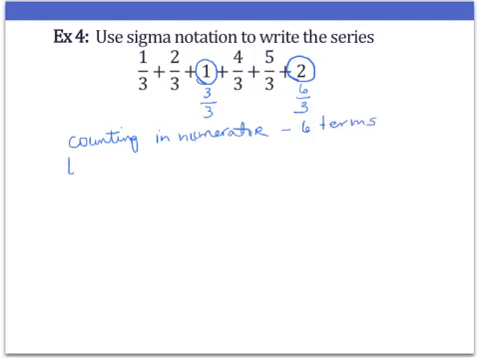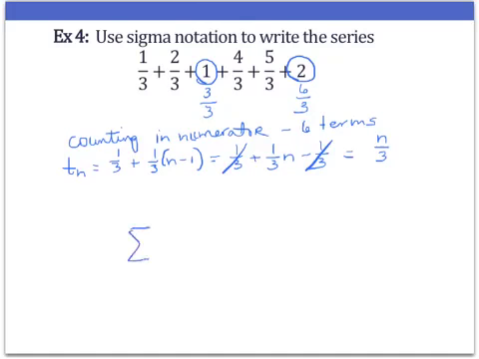If we use our nth term formula, we begin with 1/3, and then our common difference is also 1/3, n minus 1, and we have 1/3 plus 1/3 n minus 1/3. Well, these 1/3s cancel, and we'll just have n over 3, or 1/3 n, for our Tn. And we have 6 terms, so we know where we're stopping. So our sigma, we start at 1, end at 6, and the nth term formula is n over 3.